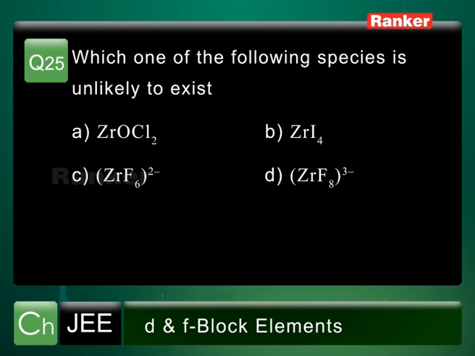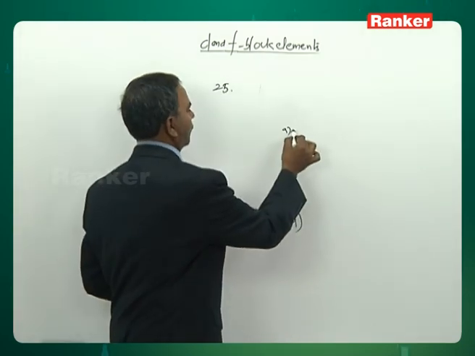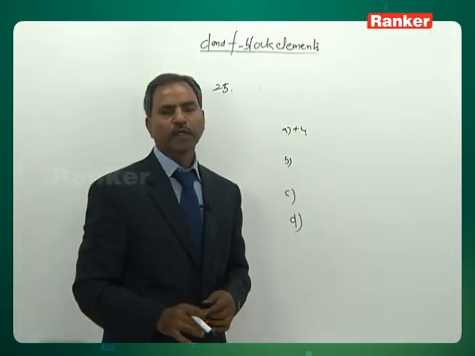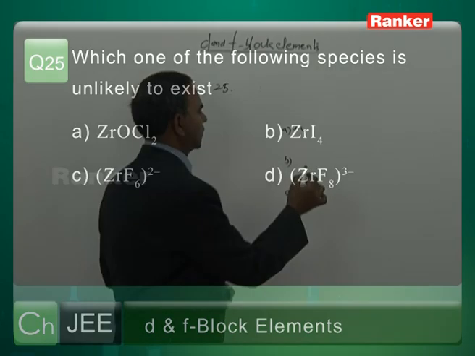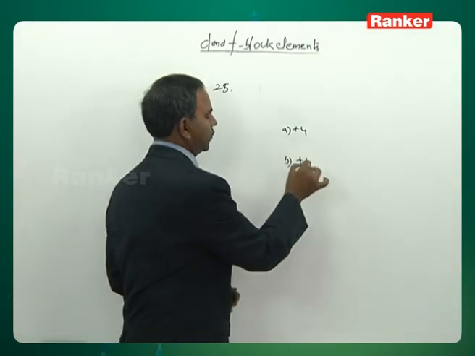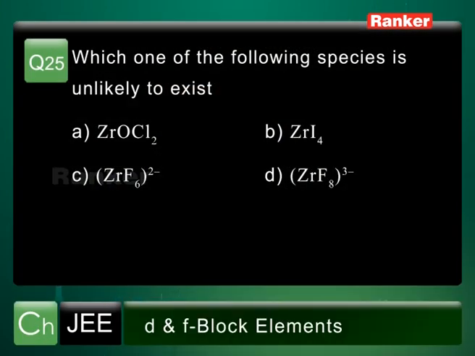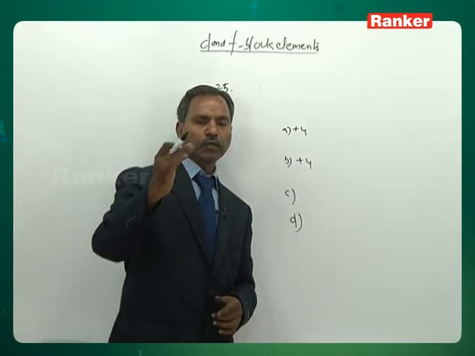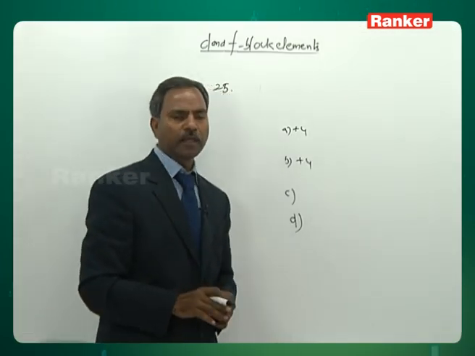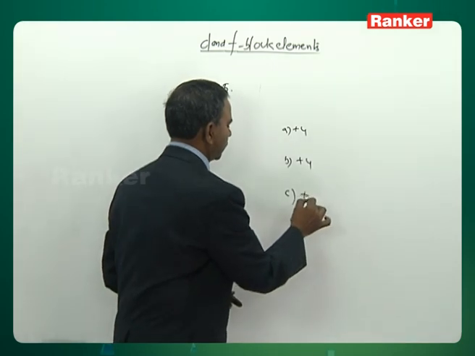Option A, ZrOCl2: O is -2, and 2 chlorides Cl are -2, so it is +4, it exists. Coming to B, ZrI4, 4 iodide ions, yes, in this also it is +4. Option C, ZrF6 2-: inside are 6 minus charges, 2 charges over the complex, so in this also +4.